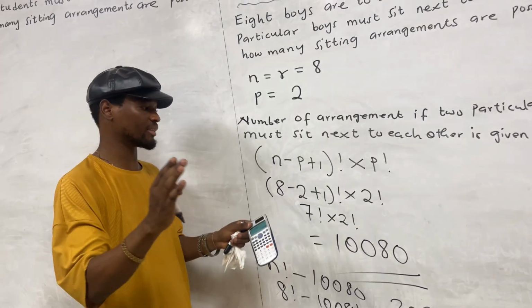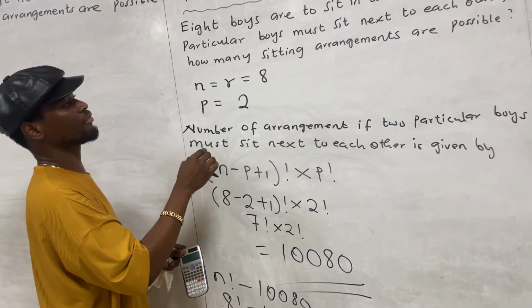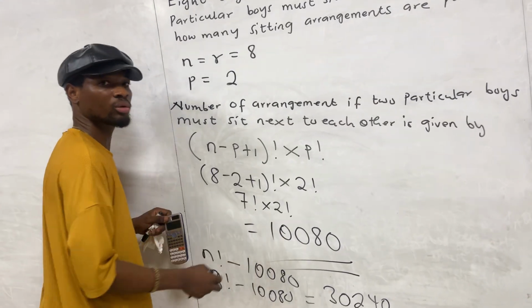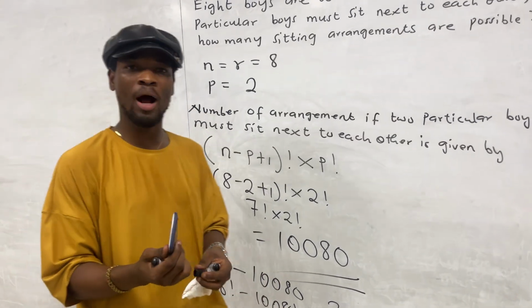But the question says we should calculate for if they are supposed to sit next to each other. So the final answer is 10080.